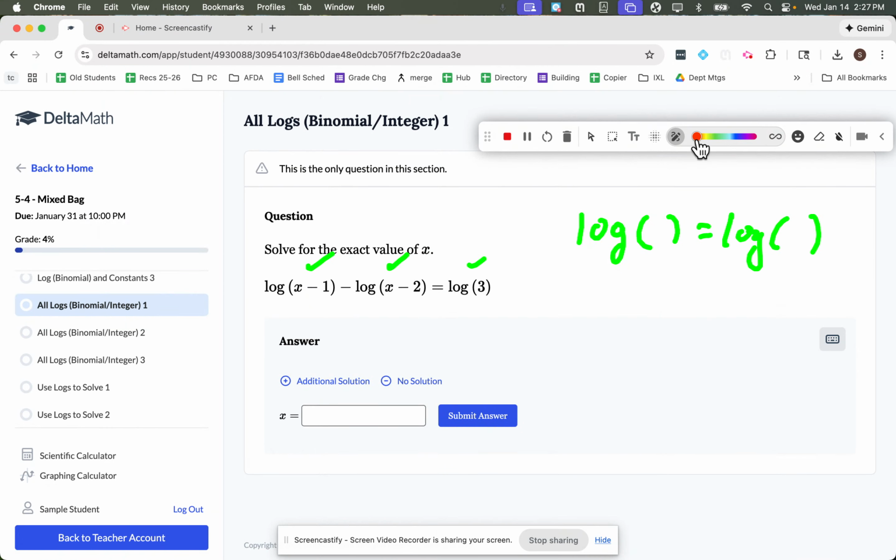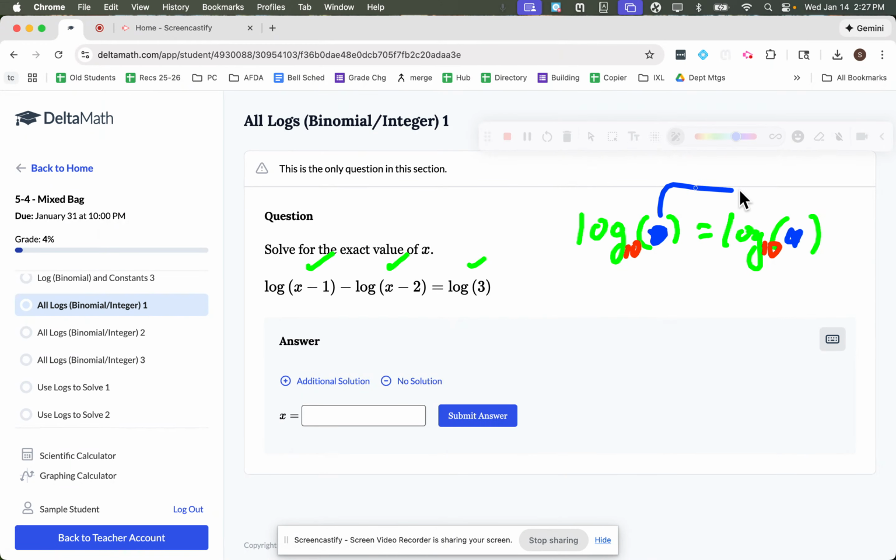And as long as they have the same base, which, unwritten, is 10, then whatever's on the inside, these are equal. So you just take this equals that. But in this case, you don't have a single log, you have 2 logs. So you better use your log rules. I think you're going to use this one.